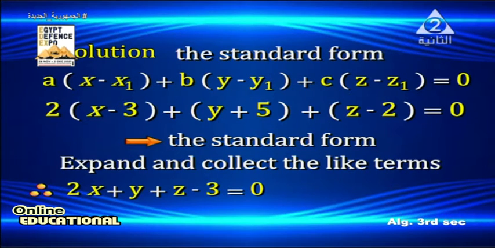Don't forget, my dear student, the difference between the standard form and general form of the equation of the plane. Standard form: a multiplied by (x minus x1) plus b multiplied by (y minus y1) plus c multiplied by (z minus z1) equals 0. But the general equation is ax plus by plus cz plus d equals 0. This is the equation of the plane.